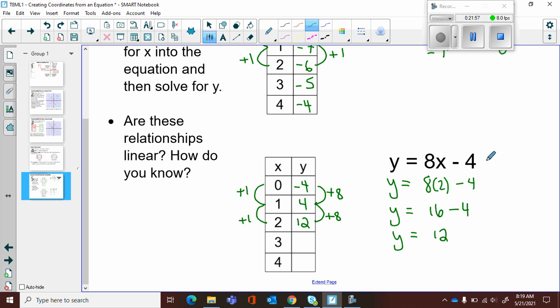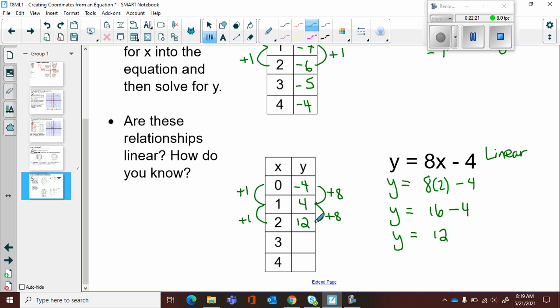That would make sense because this equation doesn't have an exponent greater than 1, so we know it is linear. And if it's linear, both the x and the y value have to increase at a consistent rate. So if x is going up by 1 every time, y needs to go up by a common number every time as well. In this case, that number is 8.